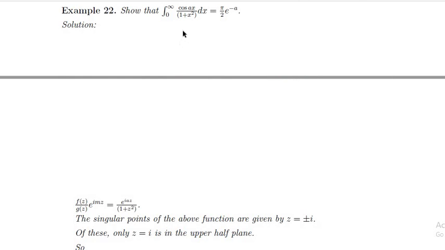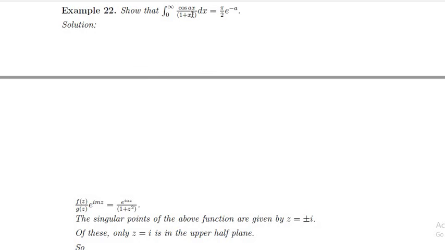Consider this example. Show that the integral from 0 to infinity of cos ax by (1 plus x square) dx is equal to pi by 2 e raised to minus a. So here, first of all, write f of z by g of z e raised to i mz equal to e raised to i a z divided by 1 plus z square.